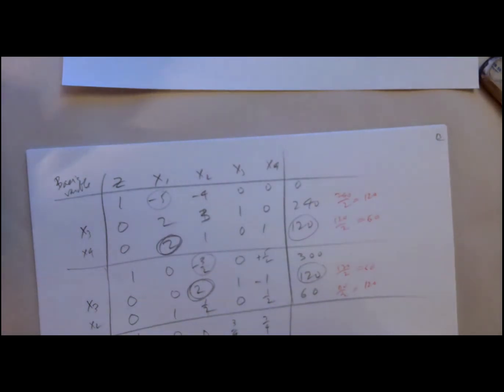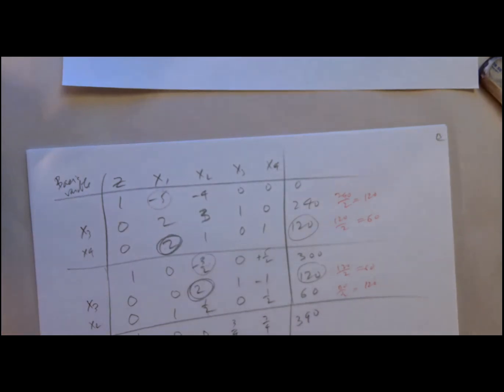So I take 3/2 this row plus this row. So 0 plus 1 is 1, 0 plus 0 is 0. 3/2 plus minus 3/2 is 0. 3/2 times this is 3/4 plus 0 is 3/4. 3/2 times minus 1/2 is minus 3/4 plus 10/4 is 7/4. 3/2 of 60 is 90, plus 300 is 390.